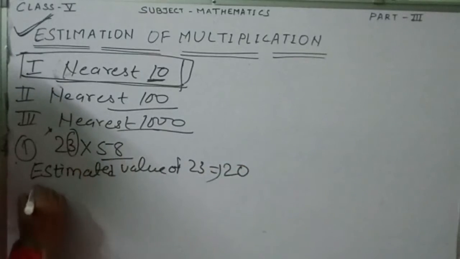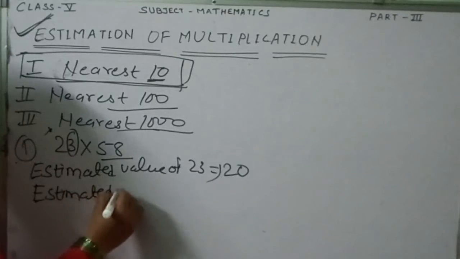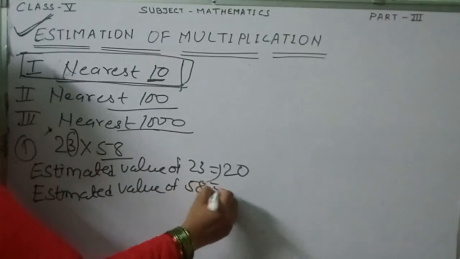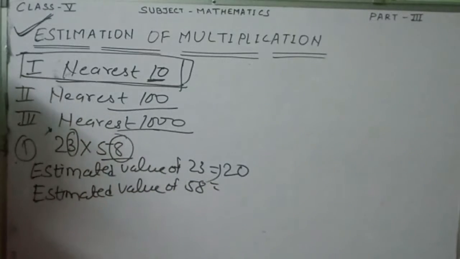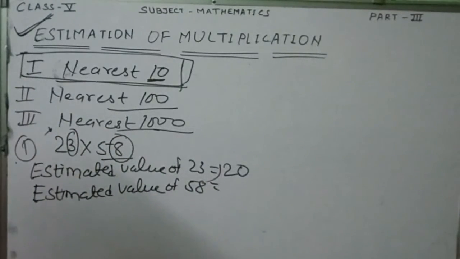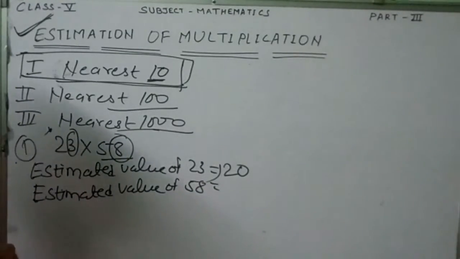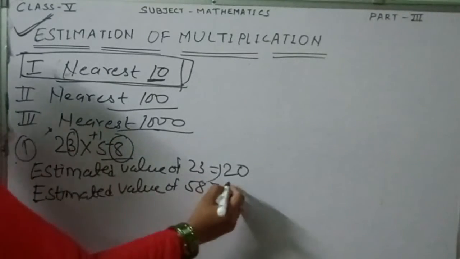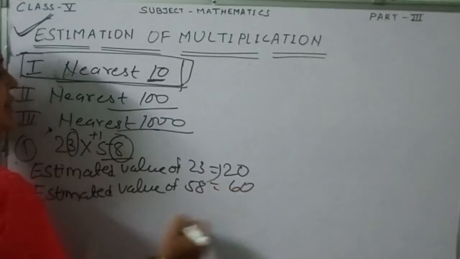Now the next number is 58. What is the estimated value of 58? The ones digit is 8, and 8 is greater than 5. So what do we have to do? Plus 1. 5 plus 1 is 6, and this one will be 0.